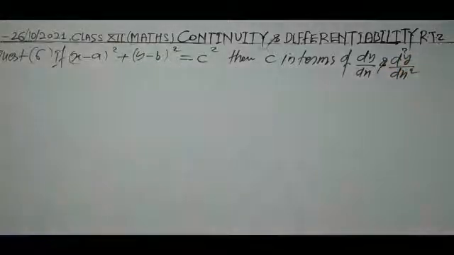We have to find c. Now this is the question, and in this question we have to find out the values of c in terms of dy by dx and d2y by dx2.